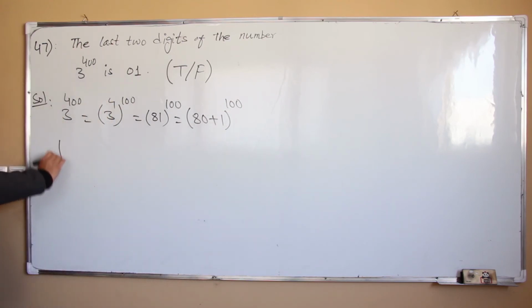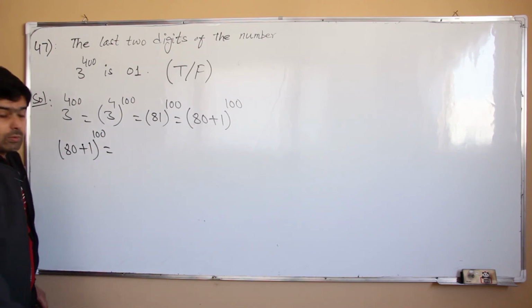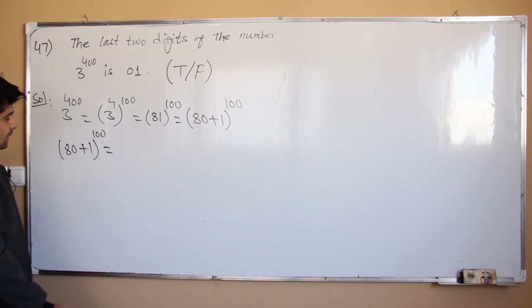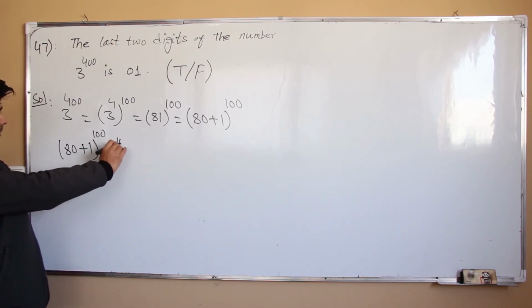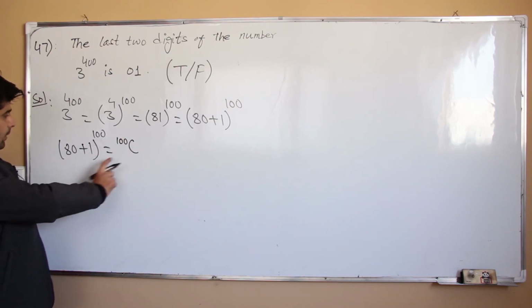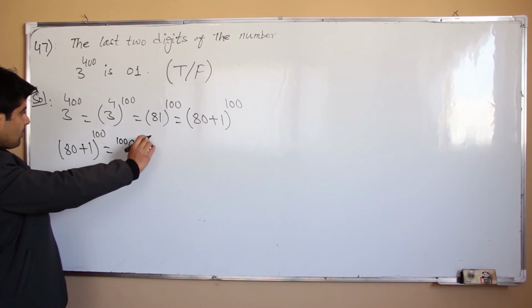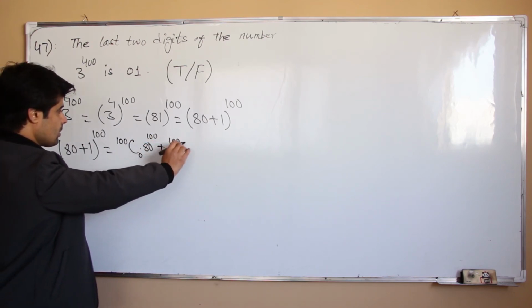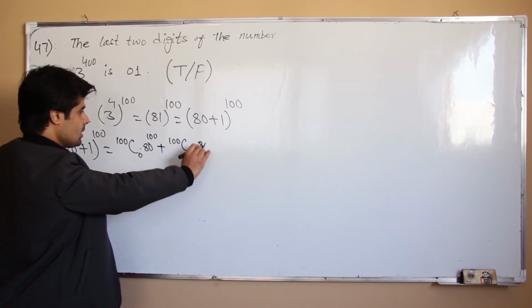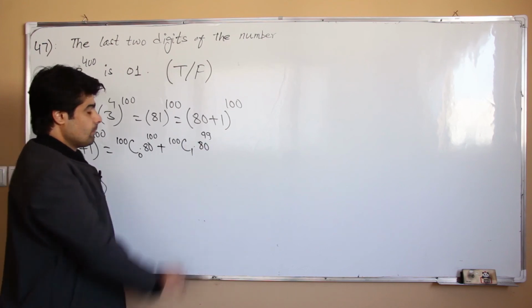Now, if you want to talk about 80 plus 1 raised to the power 100, what is the expansion for this one? It is nC0, this term raised to this power. N is 100, 100 C 0, 80 to the power what? 100. The next one is 100 C 1, 80 to the power what? 80 to the power 99.